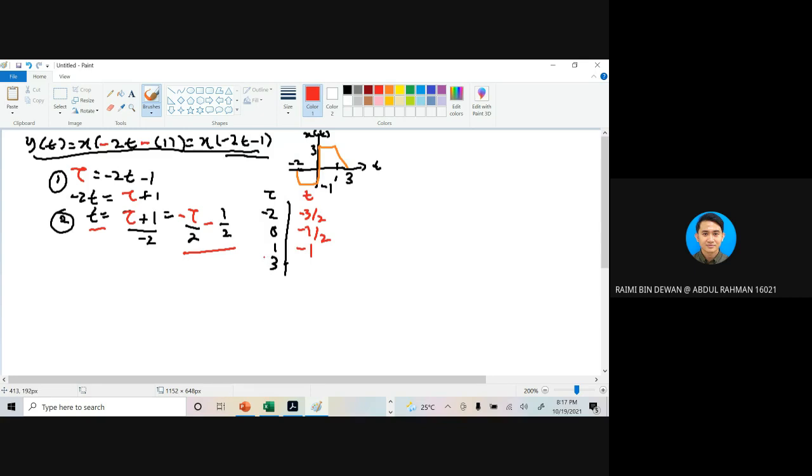Okay, I think I made a mistake here, sorry for that. It's actually negative 2 divided by 2, then minus 0.5, which is your half. So it should be 0.5 here.